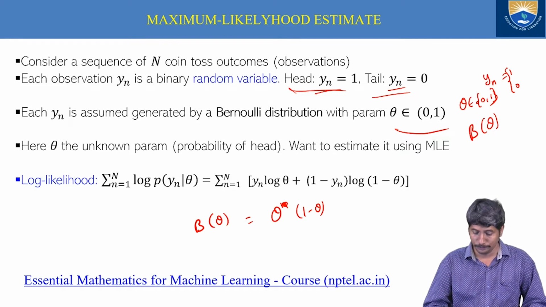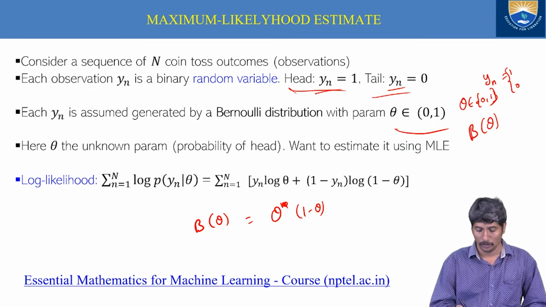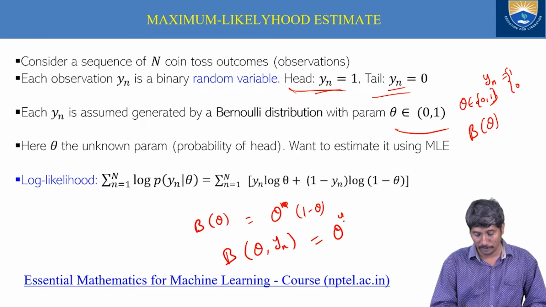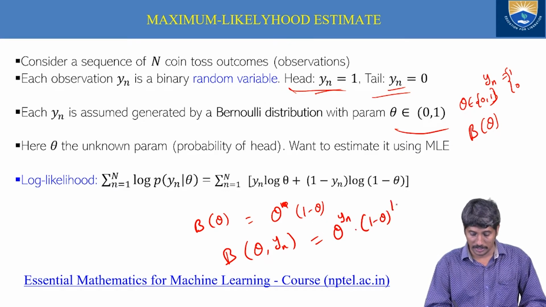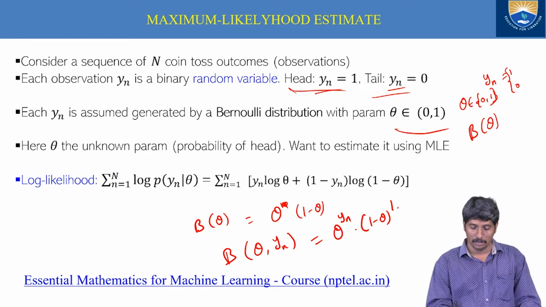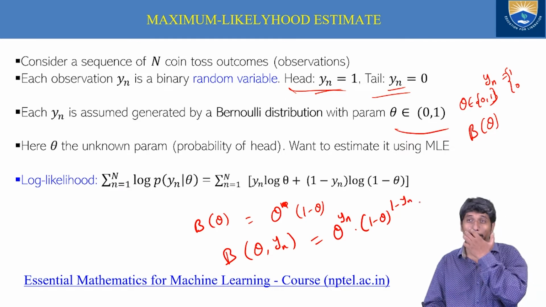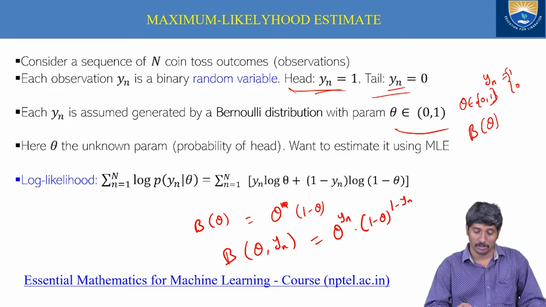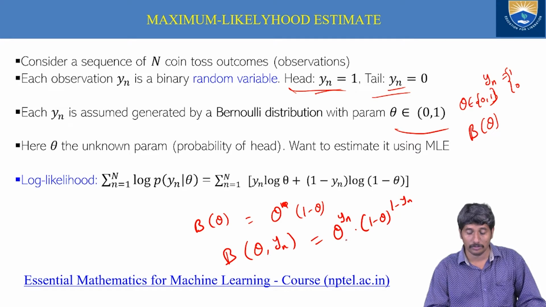So we have to consider Bernoulli of theta comma yn, which could be theta power yn into 1 minus theta power 1 minus yn. That means in yn trials, the possibility would be theta power yn into 1 minus theta power 1 minus yn.